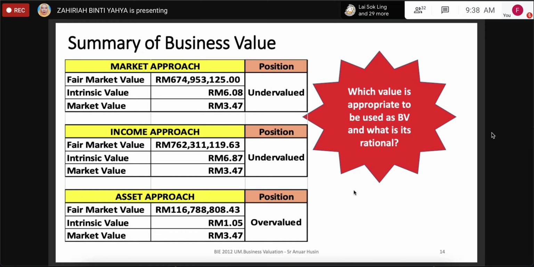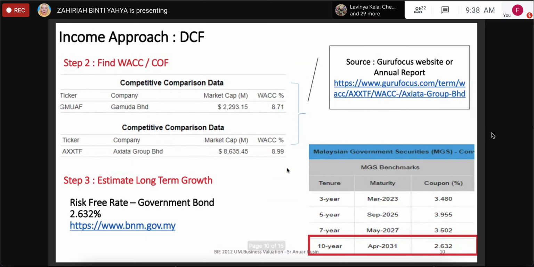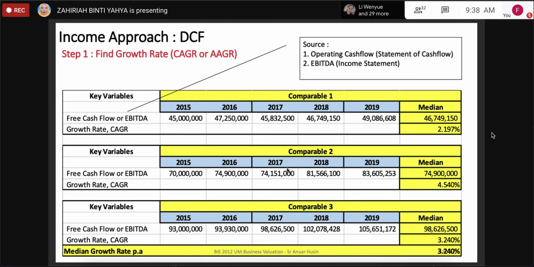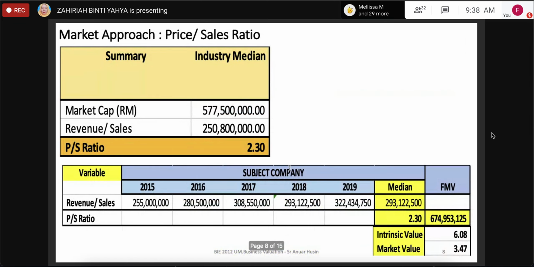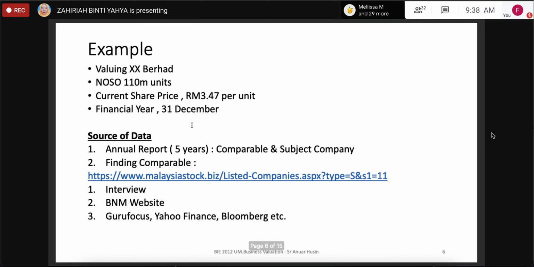Okay. So today, for the income approach, I tak nak explain kat sini. Income approach, I will explain in next lecture. So today, I'm going to touch on the asset approach. Okay, so let's close this one.